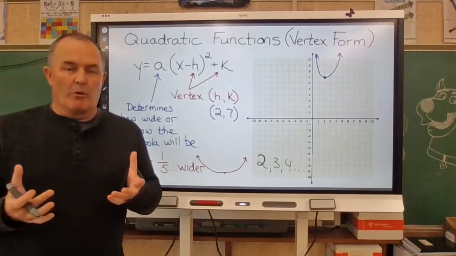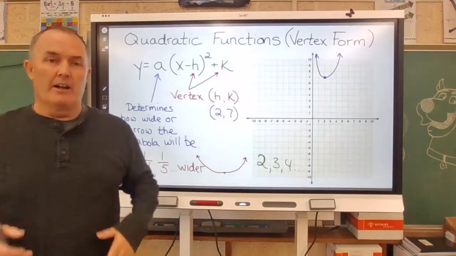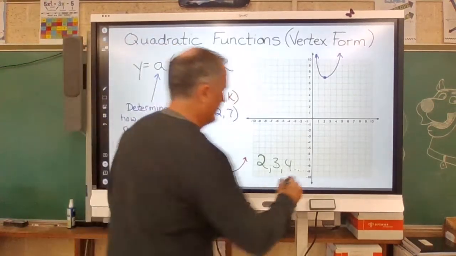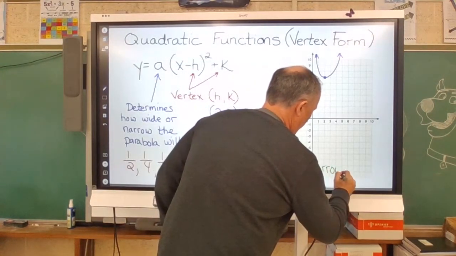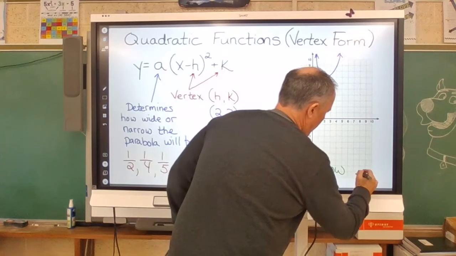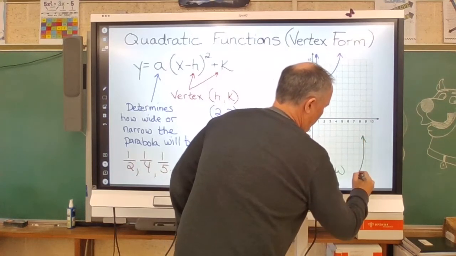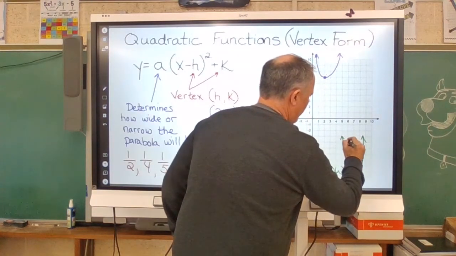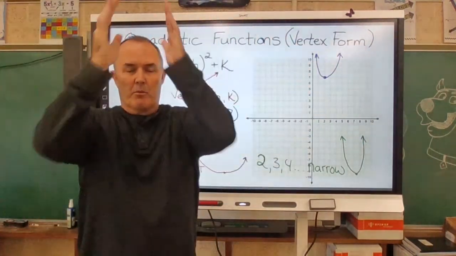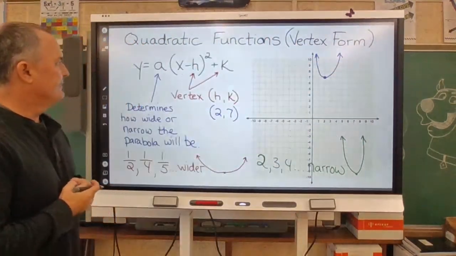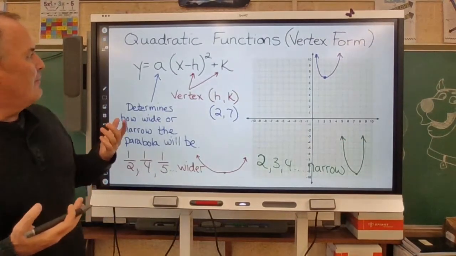So if it's greater than 1, it's going to be a much taller and more narrow parabola. All right, and the higher the number gets, the more narrow it actually is going to get. All right, so those are the basic functions.